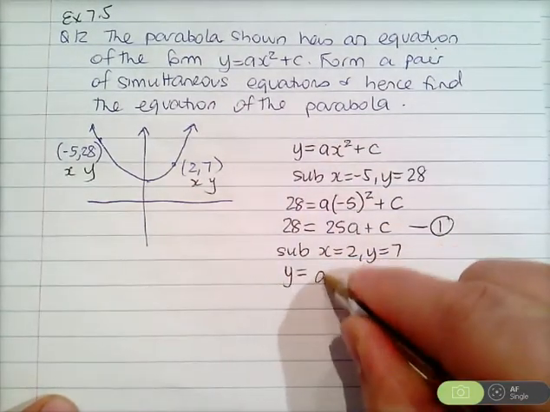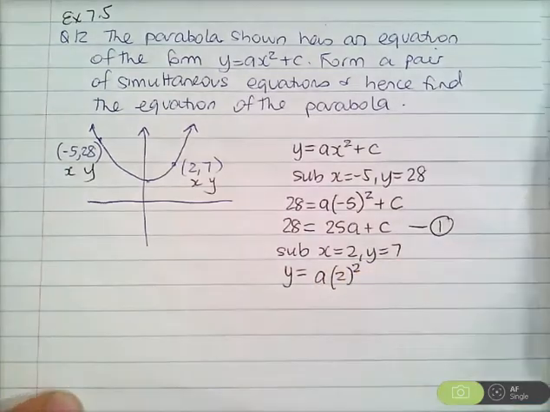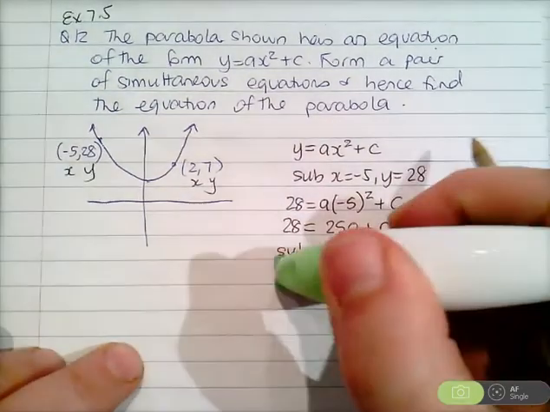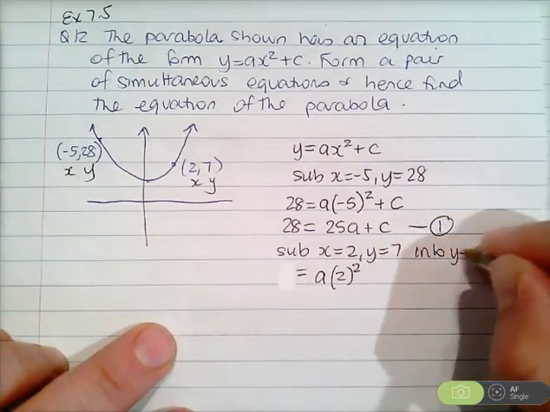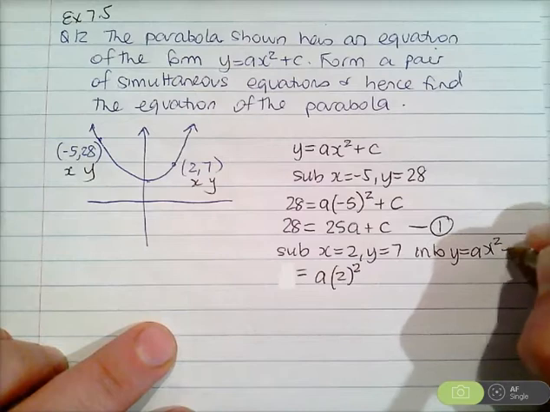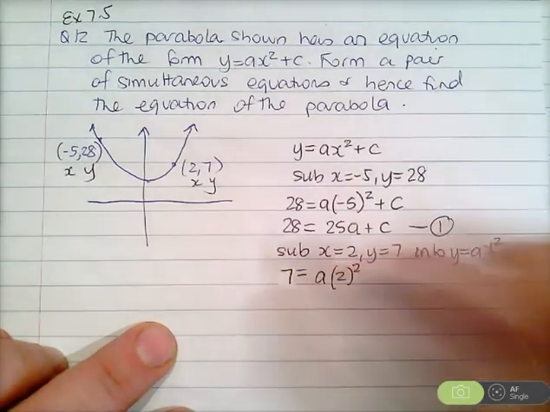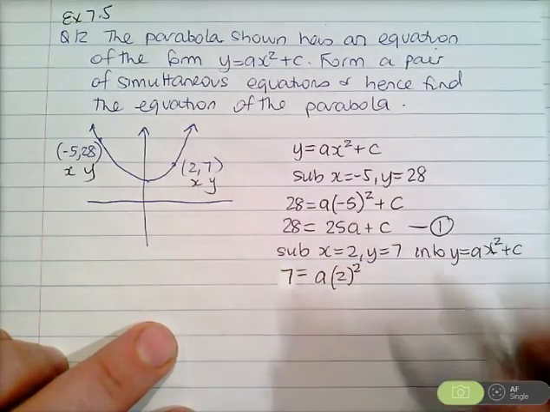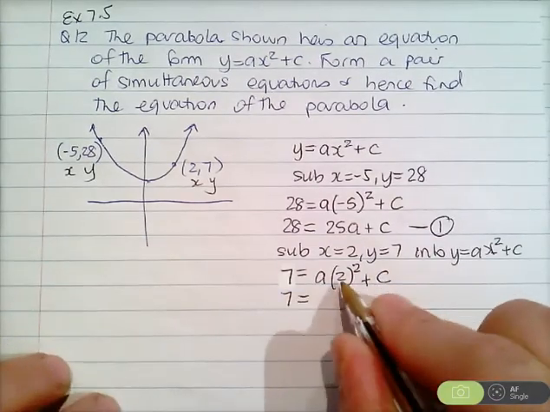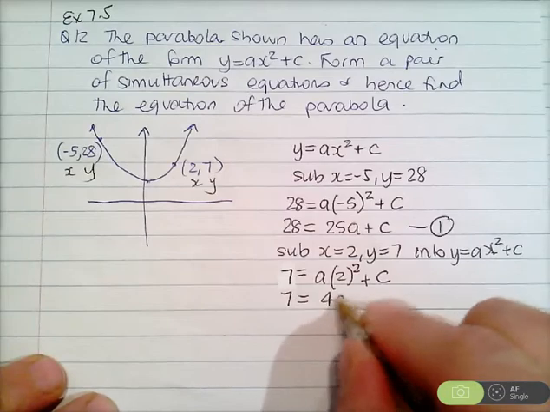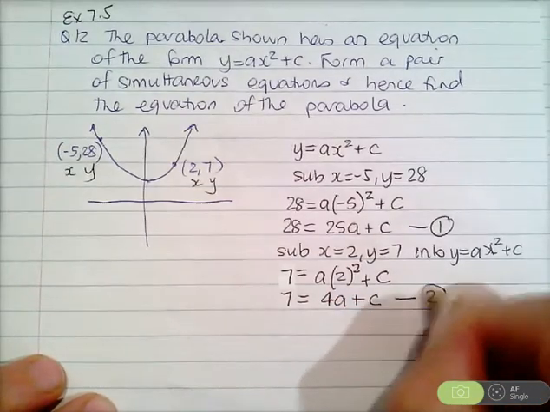So I substitute x is 2, y equals 7 into y equals ax squared plus c. And I will get 7 equals a times 2 squared plus c, or 7 equals, now here I get 4a plus c. That's equation 2.